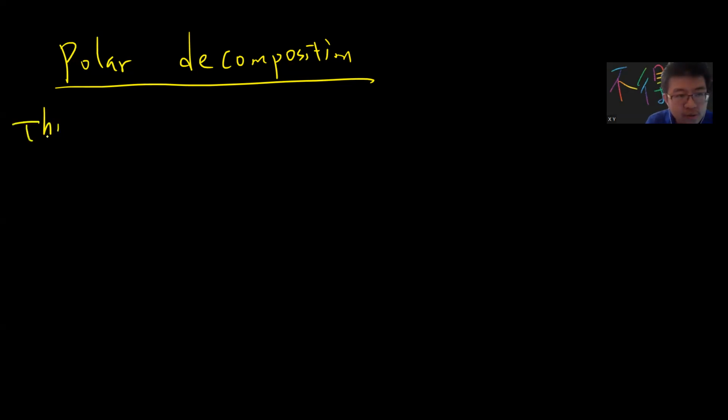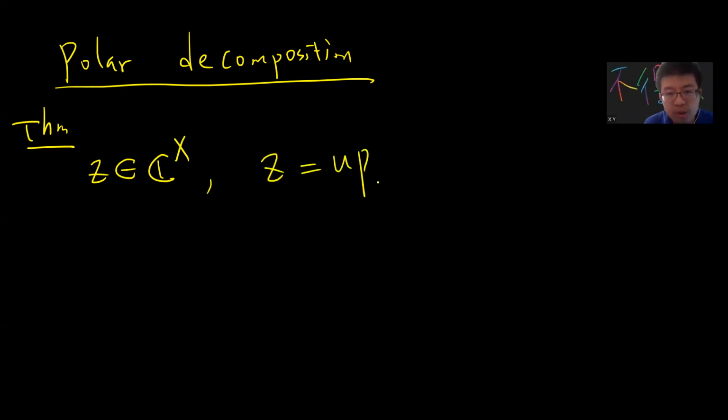Okay, so let's first do this trivial theorem. Given a complex number z which is non-zero, one can write z equals up, where u has modulus 1 and p is positive.